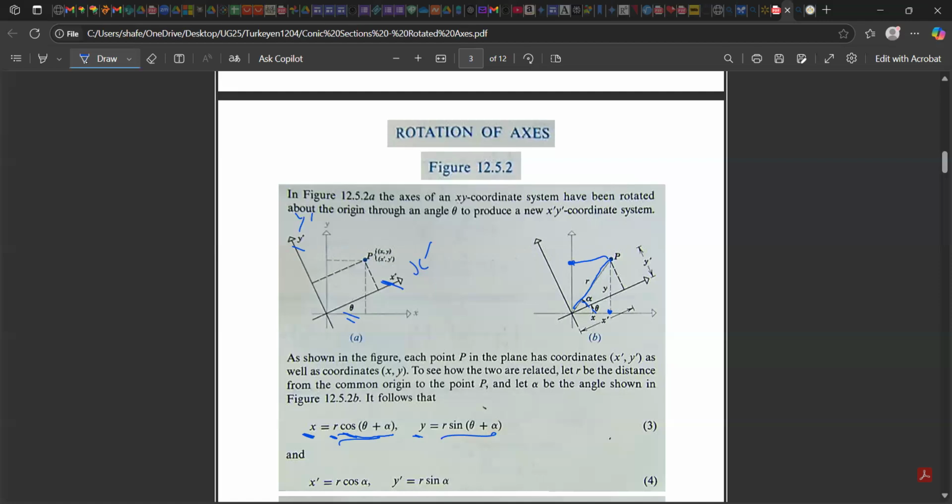Because if you have a vector going this way, let's call it p, and you have some angle here, let's call it beta. I don't want to use alpha or theta. Call it beta. Then the vector here is going to be p cos beta.